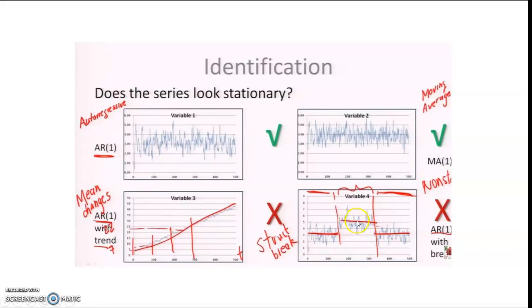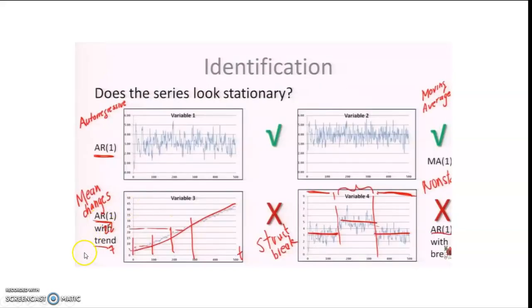So here the mean is much higher than the mean here, and again after that the mean is also constant, but this kind of graph of the variable is known as a structural break. There is a structural break. So this one is not stationary because the mean is not constant over time. So this is how we can use visual inspection to decide whether the series is stationary or non-stationary.